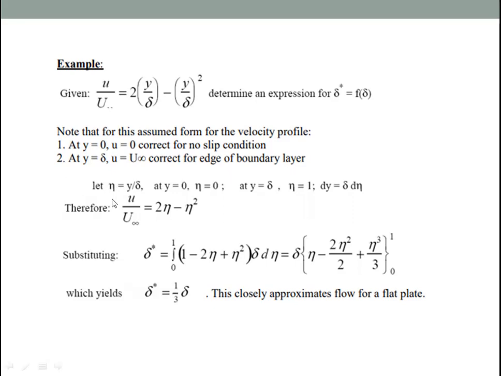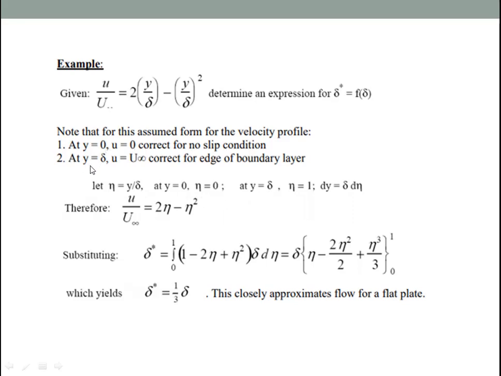Let eta be equal to y by delta. At y equal to 0, u equal to 0, that means eta is also equal to 0. When I put y equal to 0, eta automatically becomes 0. This is the first boundary condition.